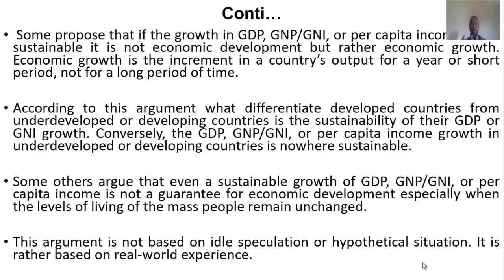Therefore, this argument states that what makes the difference between developed and developing countries is the sustainability of their economic growth. In other words, the economy of the developed countries is growing sustainably, and the opposite is true for the developing countries.